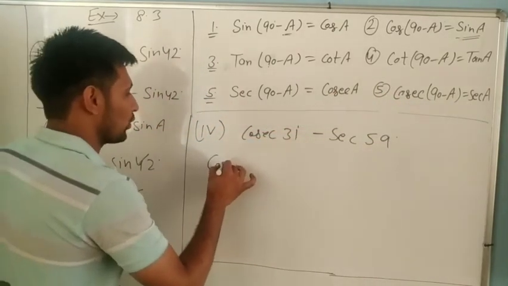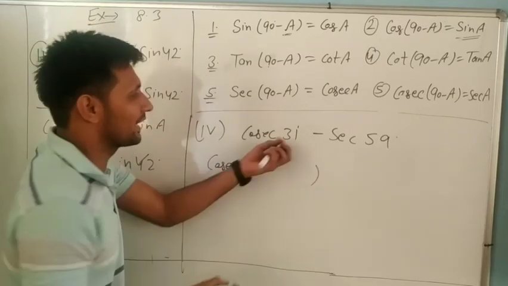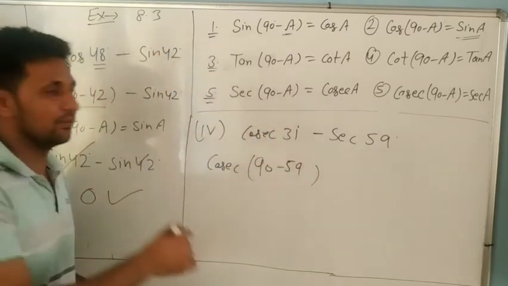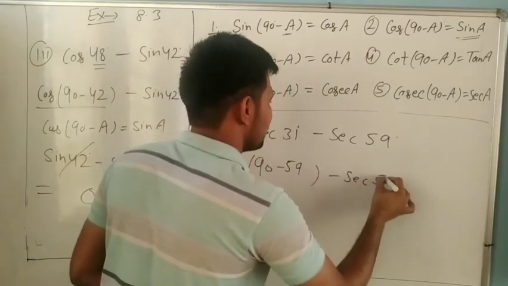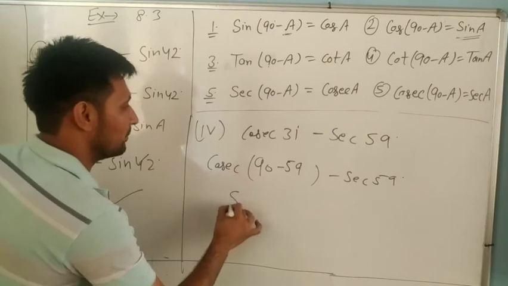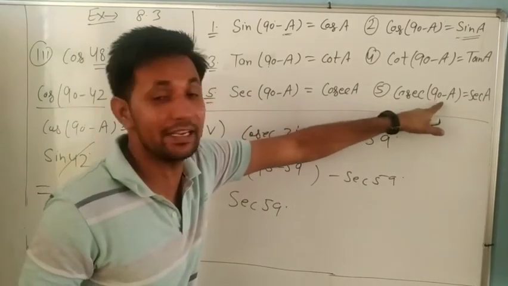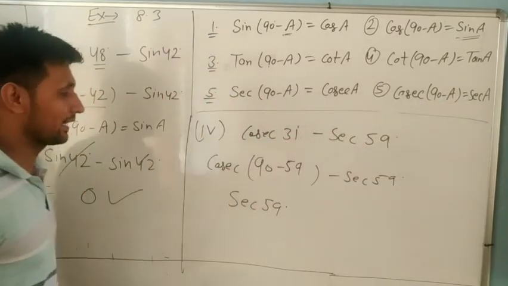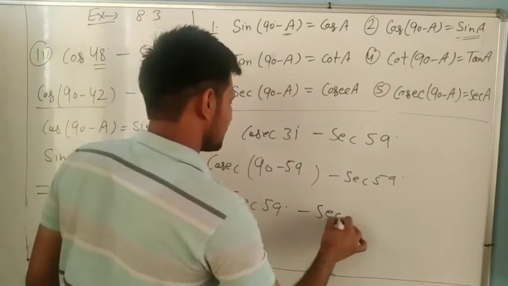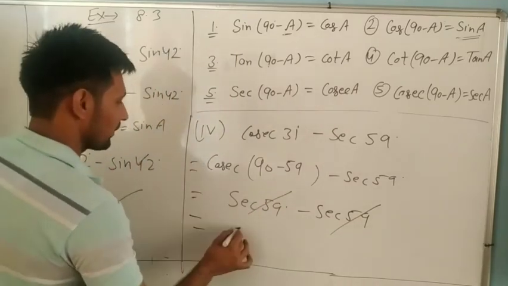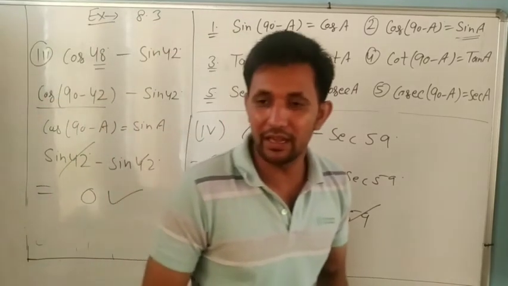So you can write cosec 31 as sec of 90 minus 31, which is sec 59. Cosec 90 minus A is sec A. So it is sec 59 minus sec 59. Again cancel. What is the answer? 0. Okay dear, please note it down.